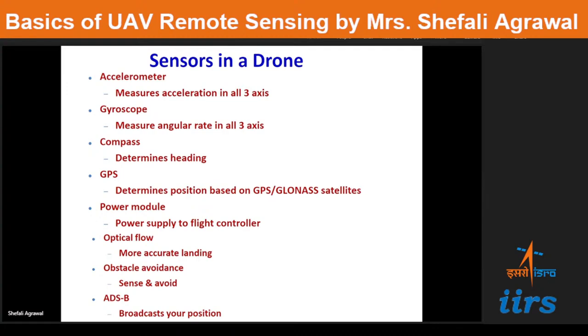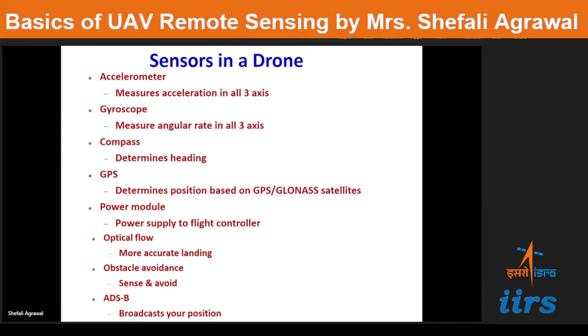If any bird or anything is there, it tries to move away. The moment it detects some object, it tries to move in the other direction. There are various technologies used, such as infrared, stereo vision sensors, and ultrasonic sensors for detecting obstacles in the path of the drone.